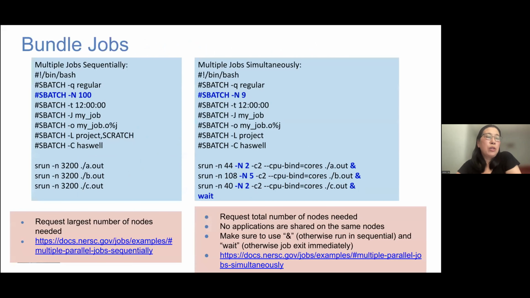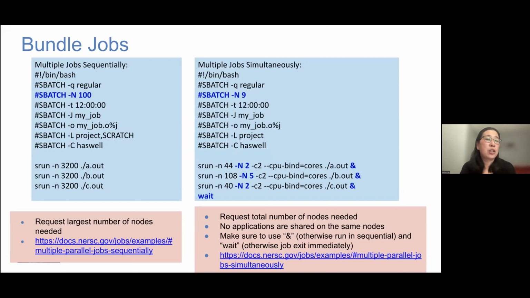You can also bundle your jobs. You can bundle them sequentially. For example, you ask for 100 nodes, and I told you you can use srun to launch a job. If you want to run 3 executables, you can run them sequentially, but ask for the total wall time needed for each one of them.